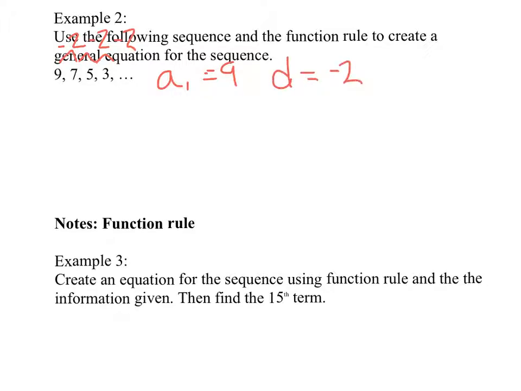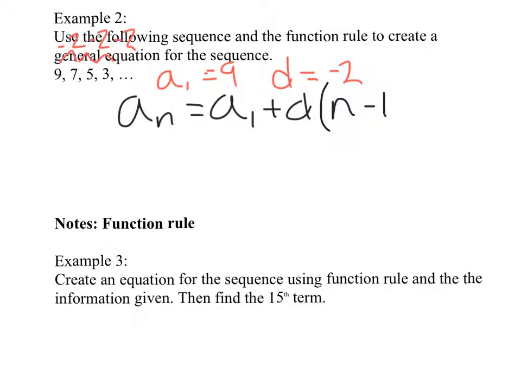Then we plug that into our explicit formula. A sub n equals A sub 1 plus D times n minus 1.